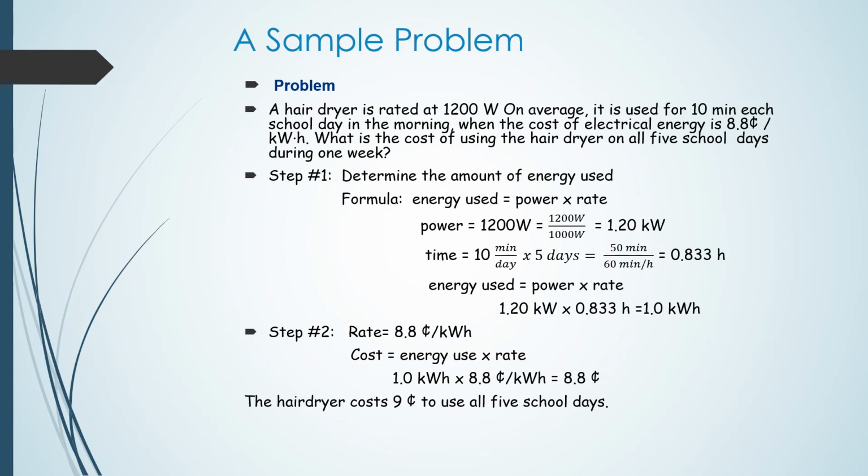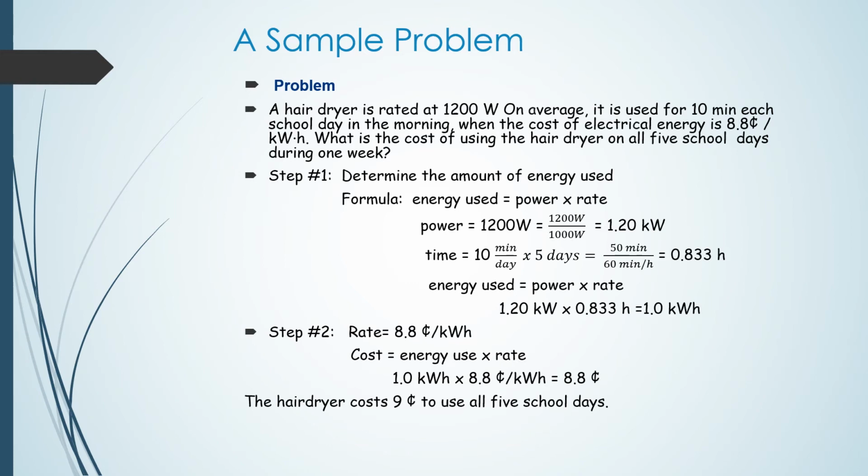Step number 1, determine the amount of energy used. The formula is energy used is power times time. First, we have to change power from 1,200 watts by dividing 1,200 watts by 1,000, and we get 1.20 kilowatts.